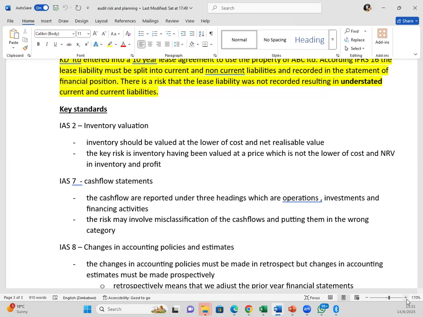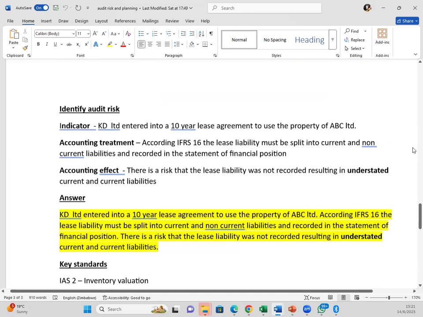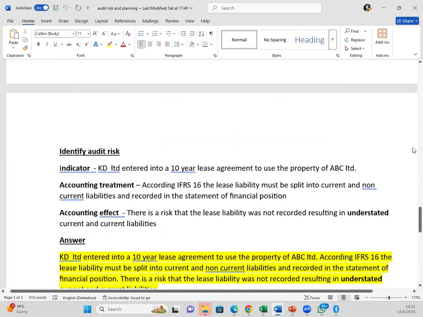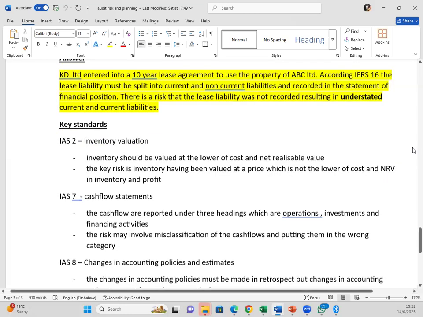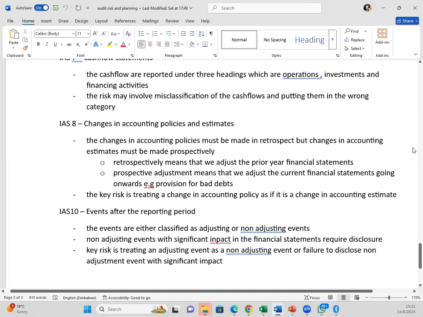As we estimate those that are not going to be able to meet their obligations, we don't need to adjust the prior year financial statements. So if it's a change in estimate, we make a prospective adjustment. Then if it's a change in the policies of the company, if it is the firm's policy that we are changing, we make a retrospective adjustment. Then let's move on.